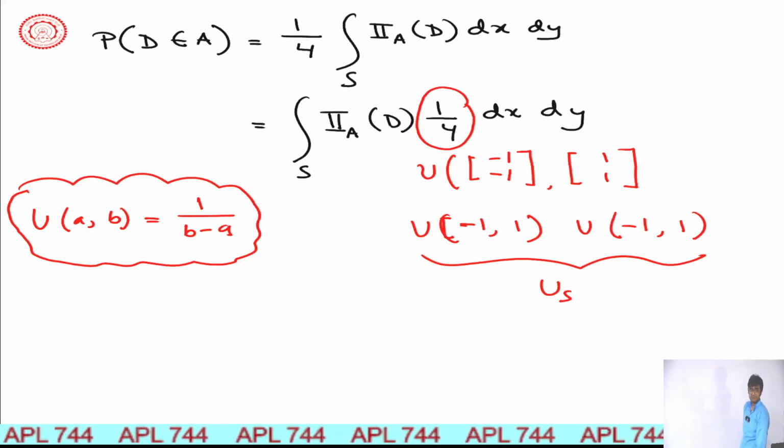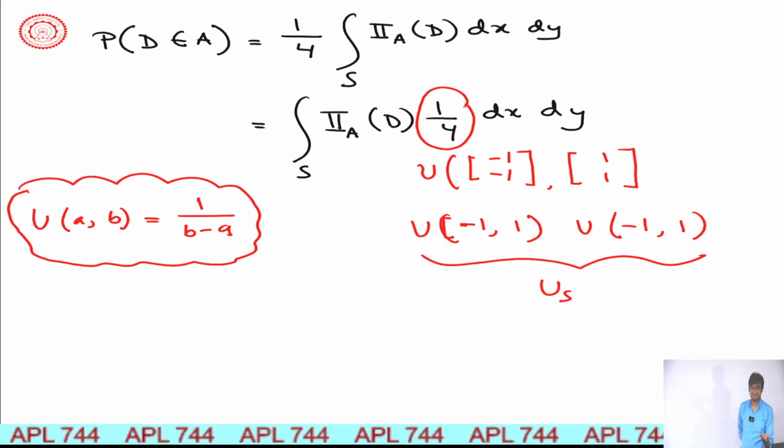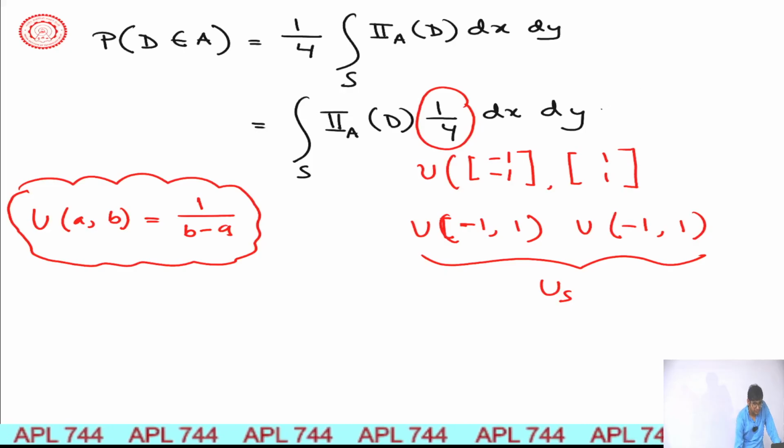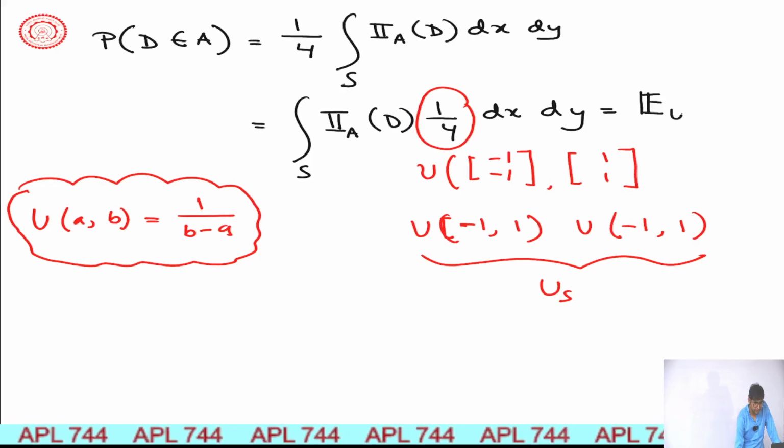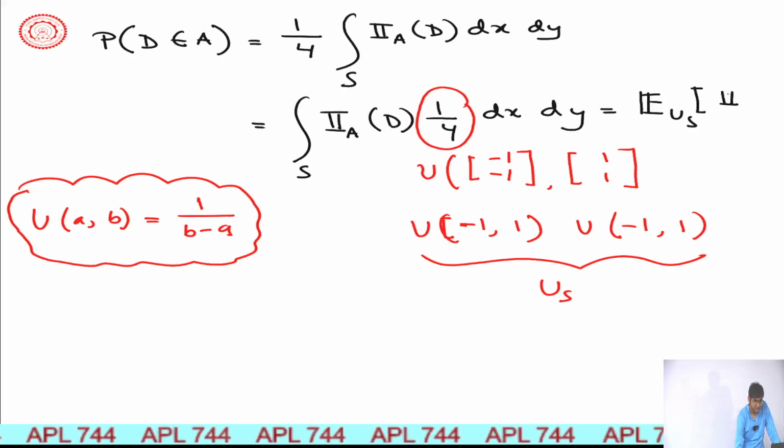So same form. So this is equal to the expectation, with respect to the uniform distribution, of the indicator function.